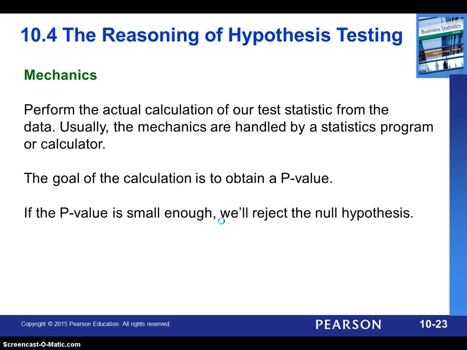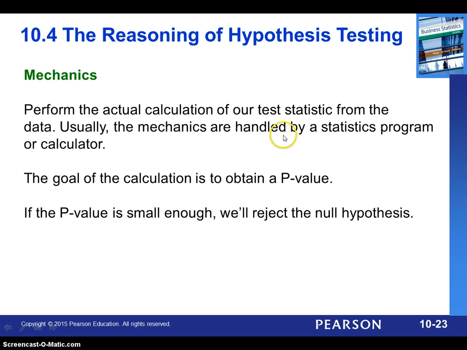Then the mechanics. The mechanics can be kind of tricky. This math is not necessarily the easiest to get, and if we're using a normal model, we have tools. We have the tables in the back of the book. Our calculators can actually do this as well, but the calculations would not be easy if you did them by hand.